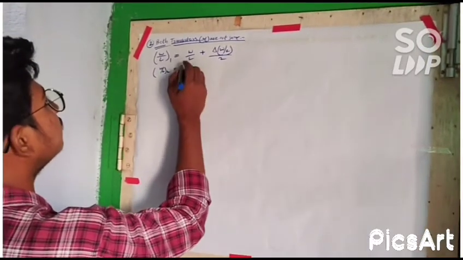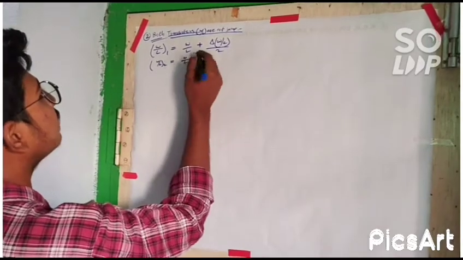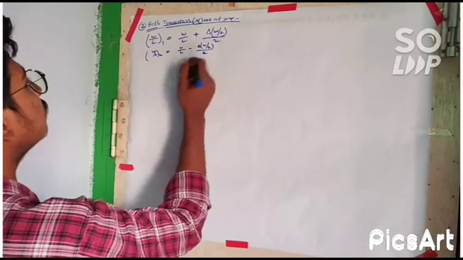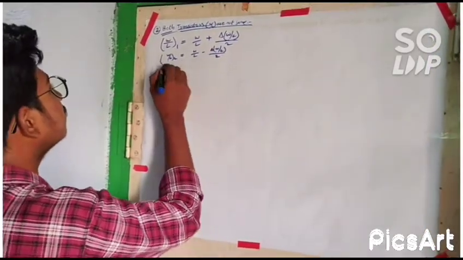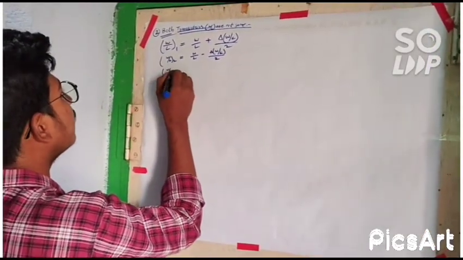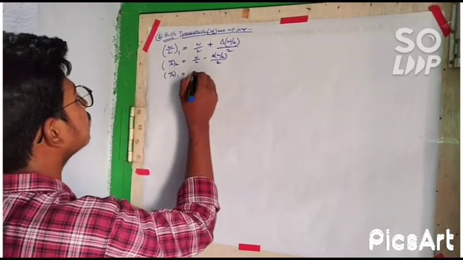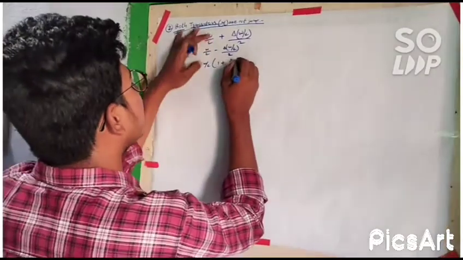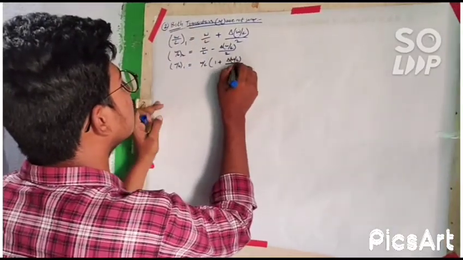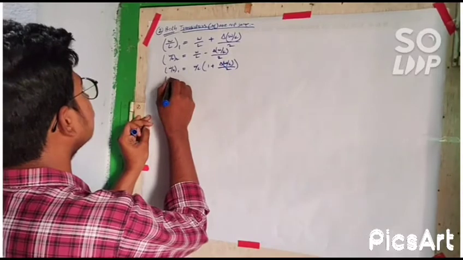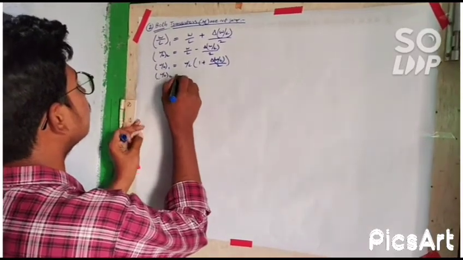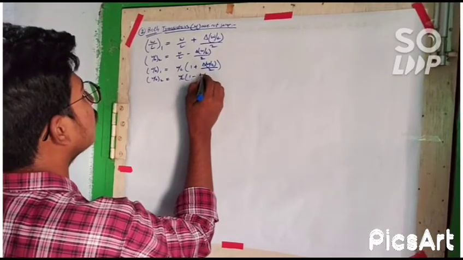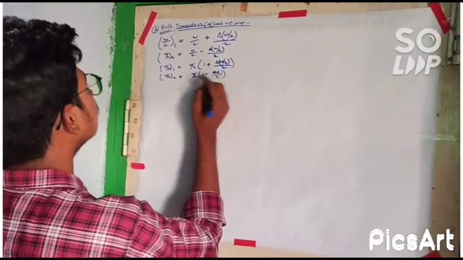Now the second case is both transistors' W by L ratios are not the same. That is, now W by L 1 is equal to W by L plus delta W by L by 2. Similarly, W by L 2 is W by L minus delta W by L by 2.